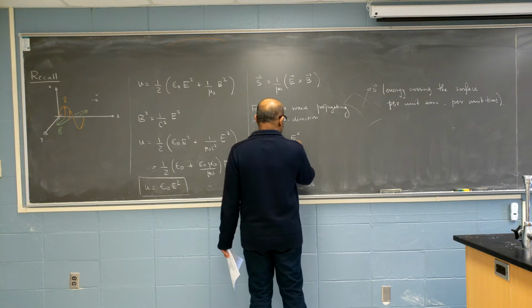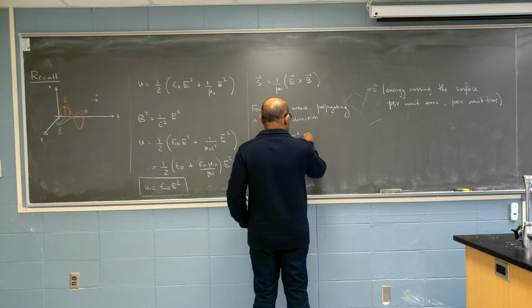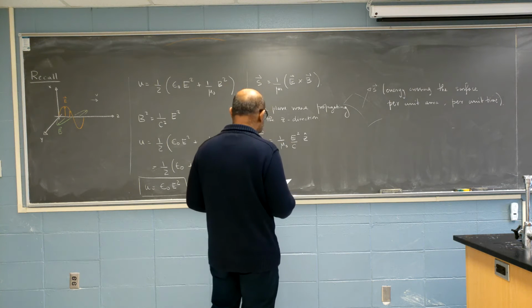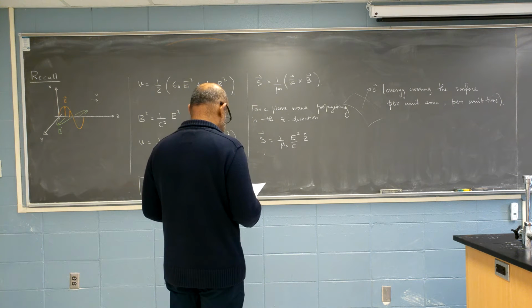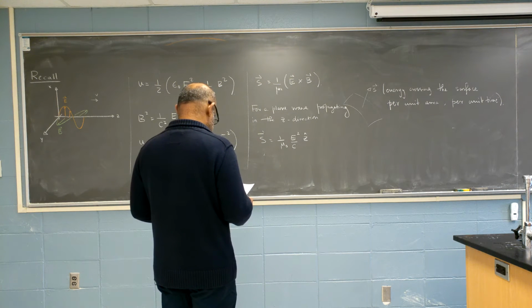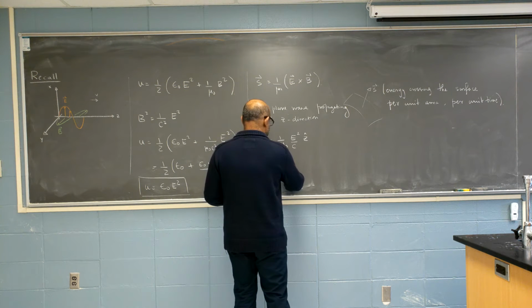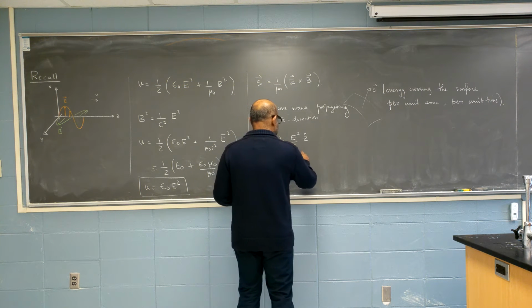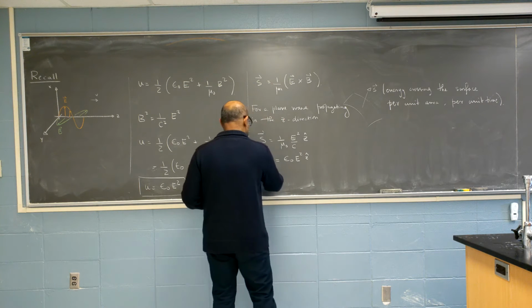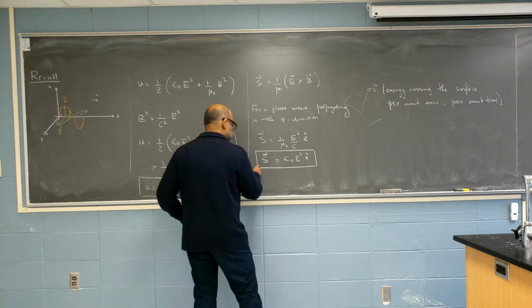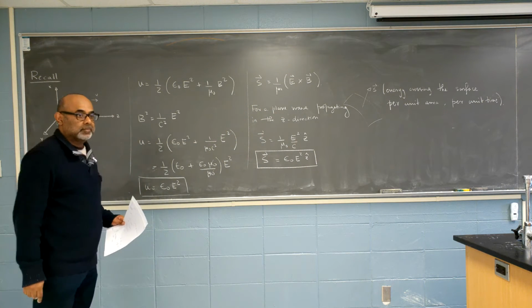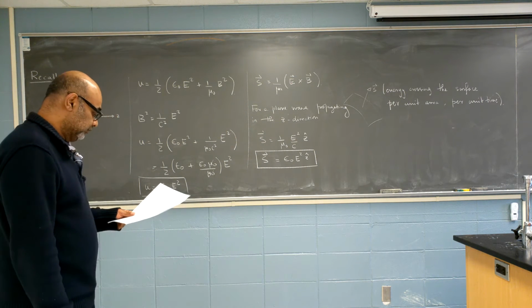So it becomes E over C Z hat. So I can write this as epsilon naught E squared C Z hat. Correct?